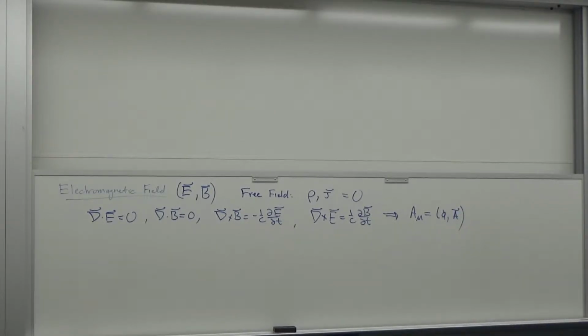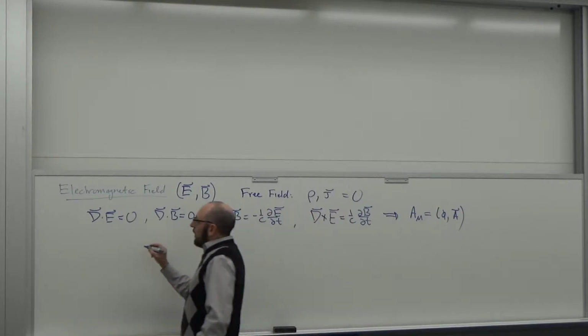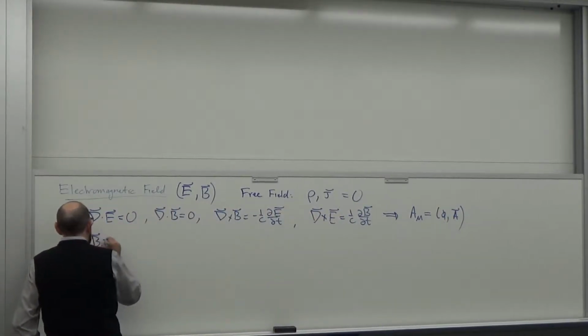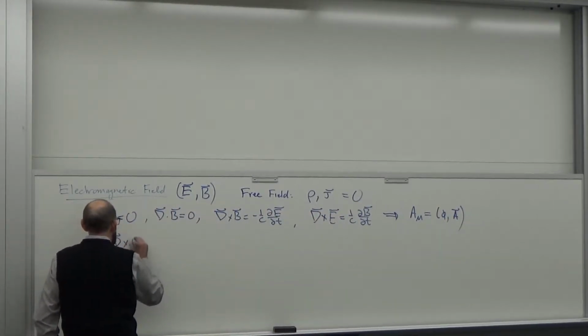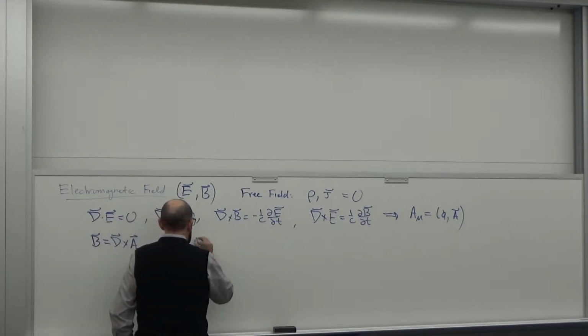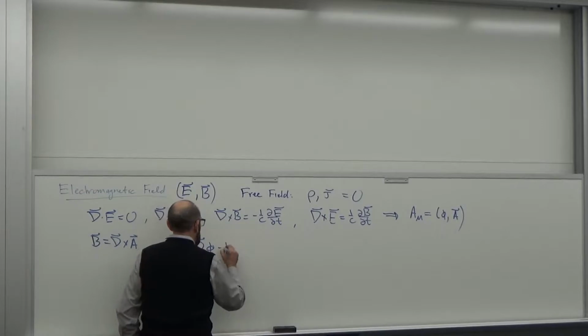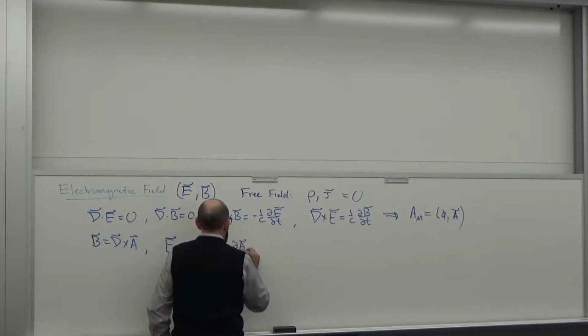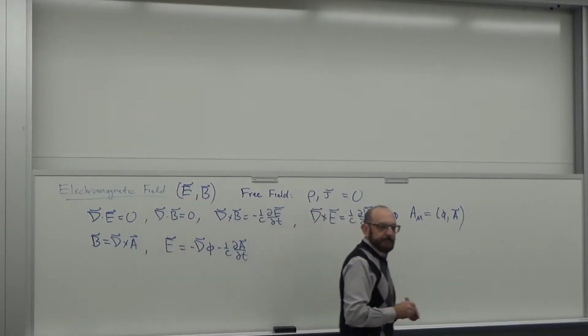This is a 4-component field. The magnetic field, of course, is the curl of A, and the electric field is this. Okay.